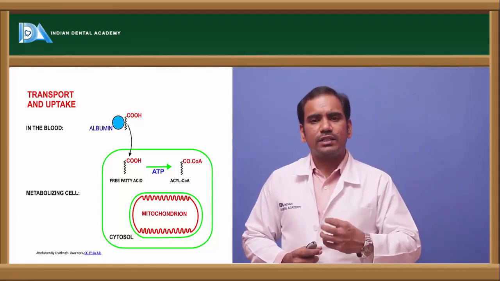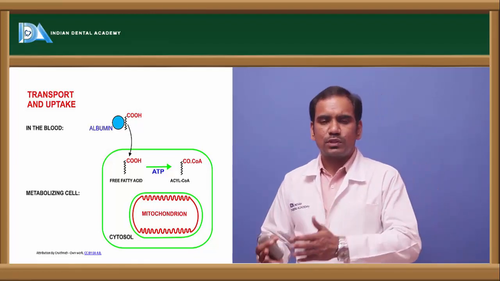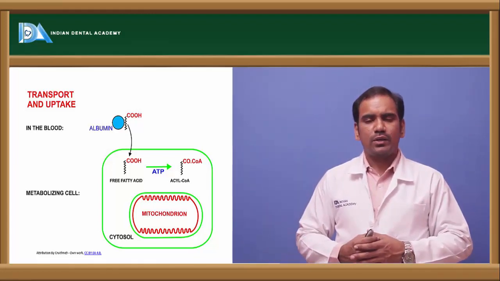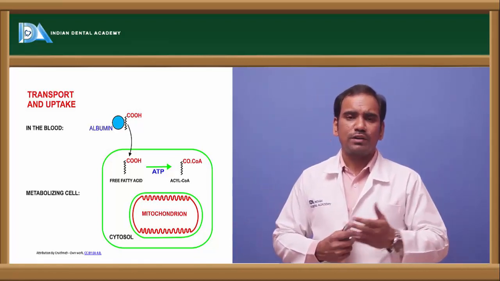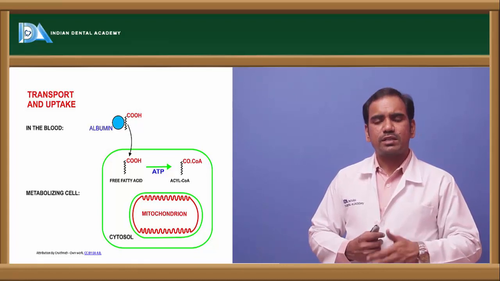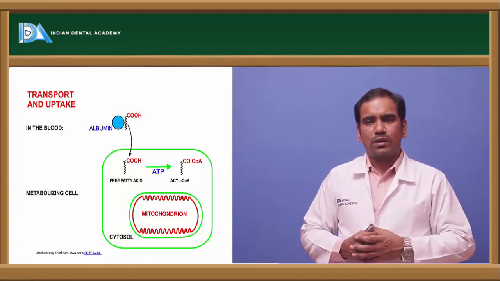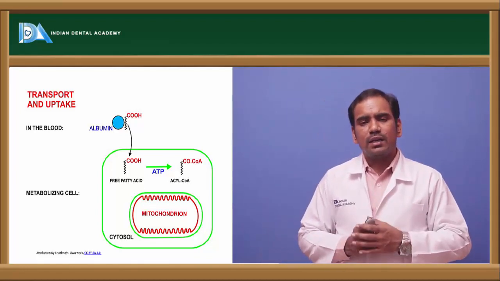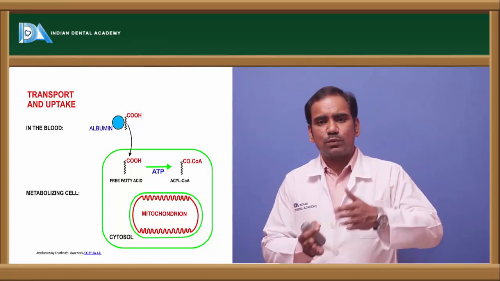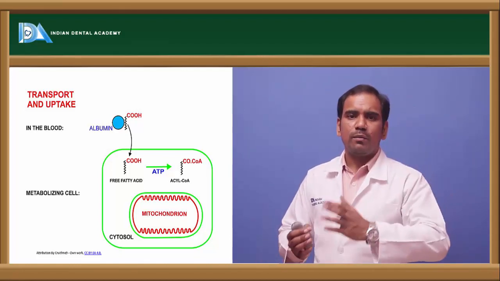Once it is activated to acyl-CoA, it has to be transported into the mitochondria, because acyl-CoA cannot cross the mitochondrial membrane. We require a special type of transporter called carnitine transporter. Carnitine is made up of lysine and methionine. Carnitine is involved in the transport of activated fatty acids from cytosol into the mitochondria.